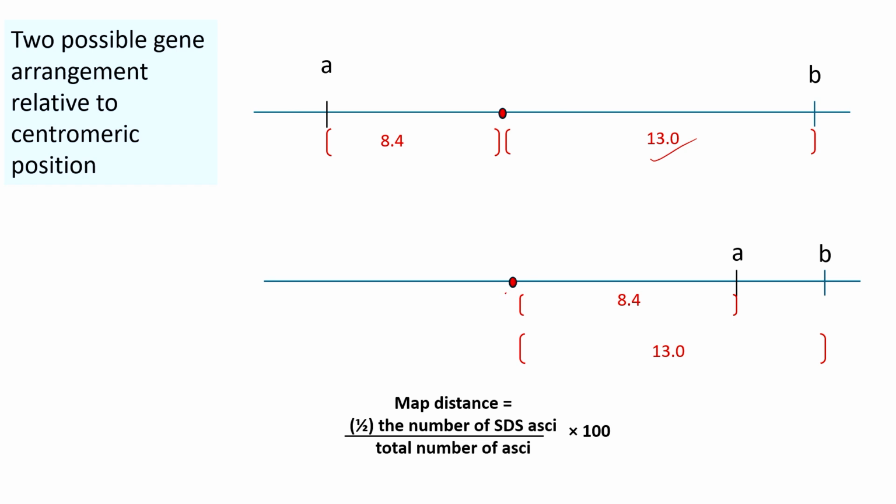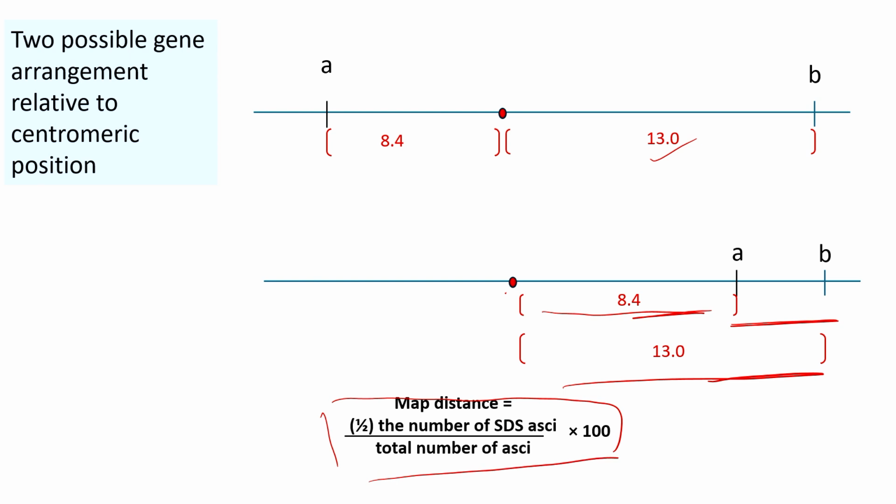On the centromere you can arrange both the genes on one side, A 8.4 centimorgan apart and B 13 centimorgan apart. I just put this formula so that you remember how we calculated the distance. This can be more precise when we have more genes to map around the centromere, and then we can have more specific positions with respect to each other.